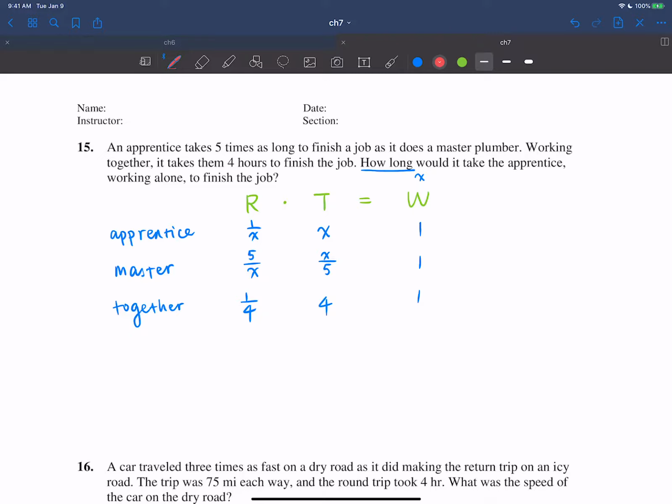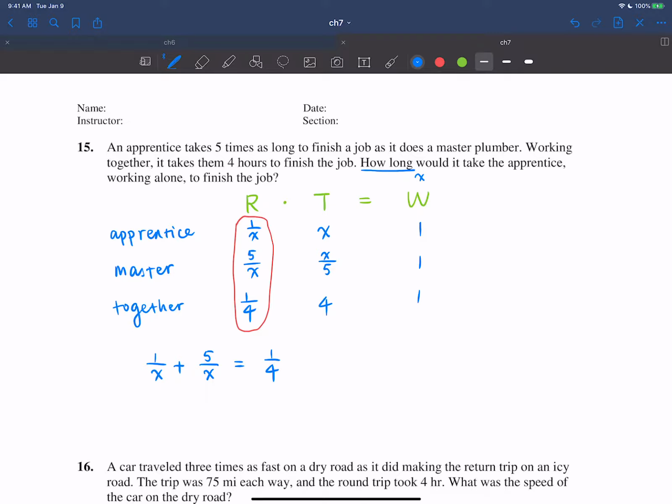Good question, right? When you create the equation, you're going to use this column, the rate, because we have the expression for the rate of each of them, and we also have the rate if they work together. The equation is simply the rate of apprentice plus the rate of the master equals the rate of working together. So this is the equation.